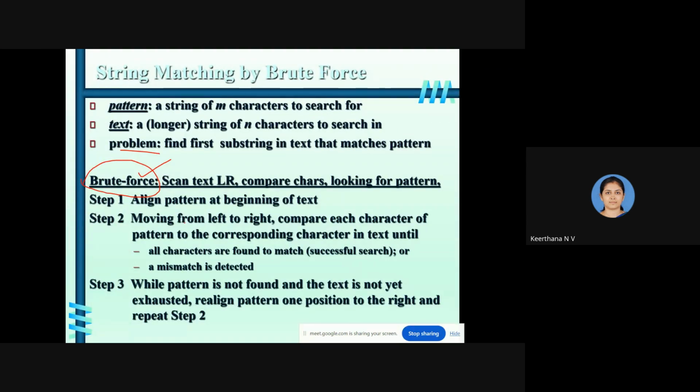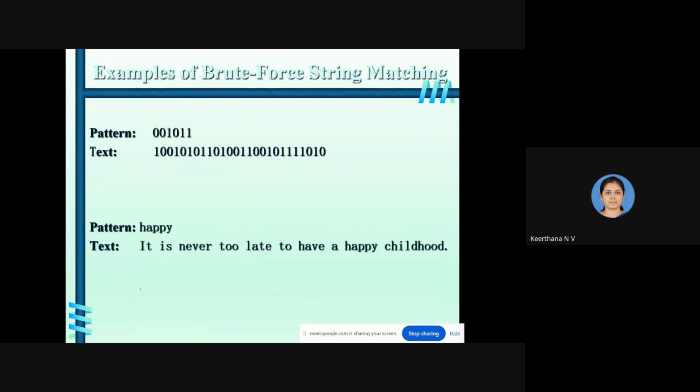Until the string is matched, you have to repeat step 2. That is represented in step 3. For example, if my text is binary digits and I have this pattern to search, you apply the pattern from the 0th position to the last position of the bits. If double zeros are found at the second position, you continue traversing.